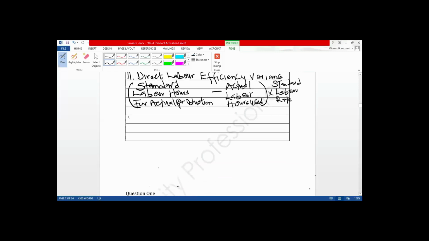By the time we are solving questions, this is the formula we are going to be using. But if you are not documenting it, there must be a way you are going to get it.